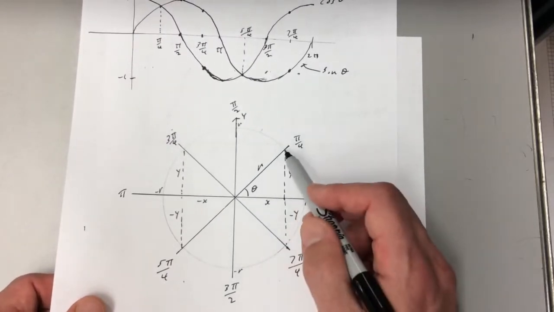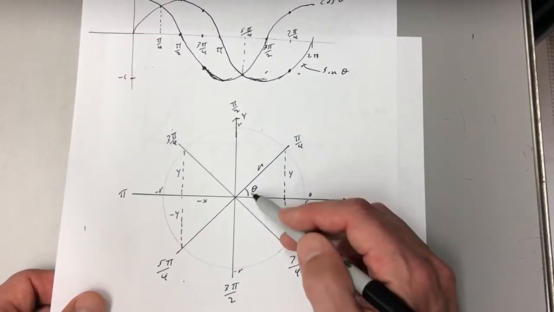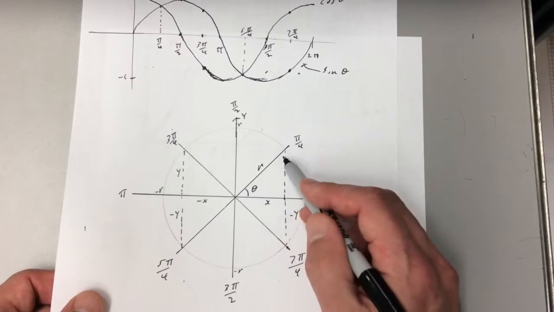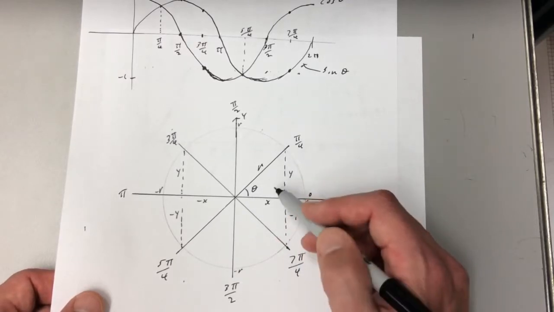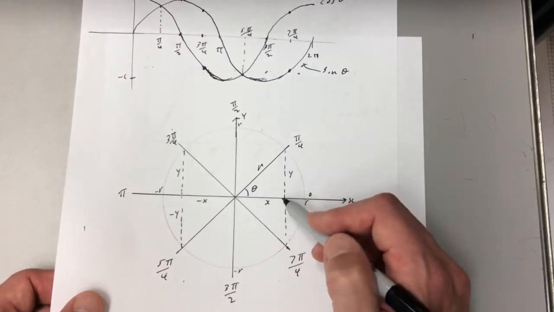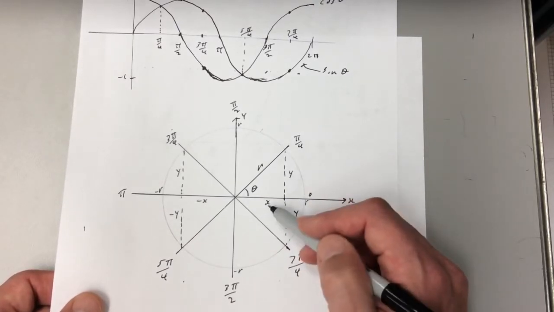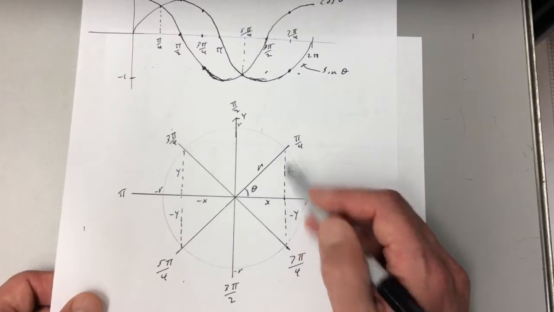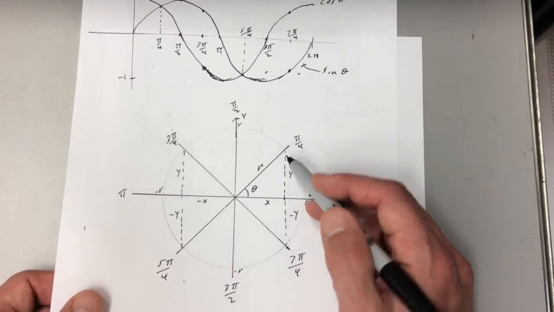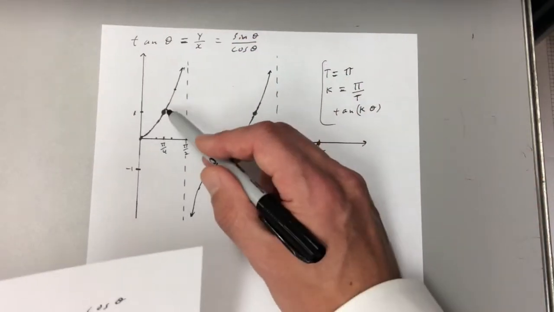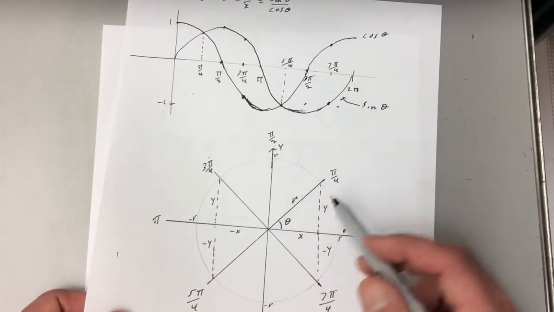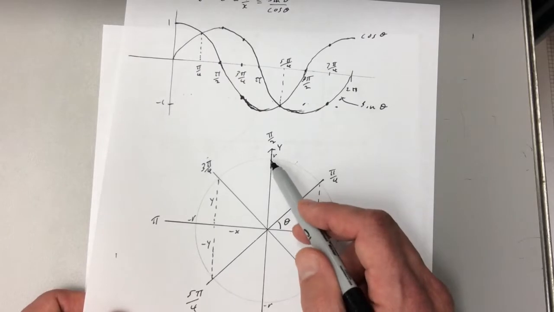When we go up to pi over 4, well, at pi over 4, these two angles are the same. So these two sides are the same. So y over x, because y equals x, is just going to be 1. So at pi over 4, tan theta equals 1. And then at pi over 2, well, tan is y over x.